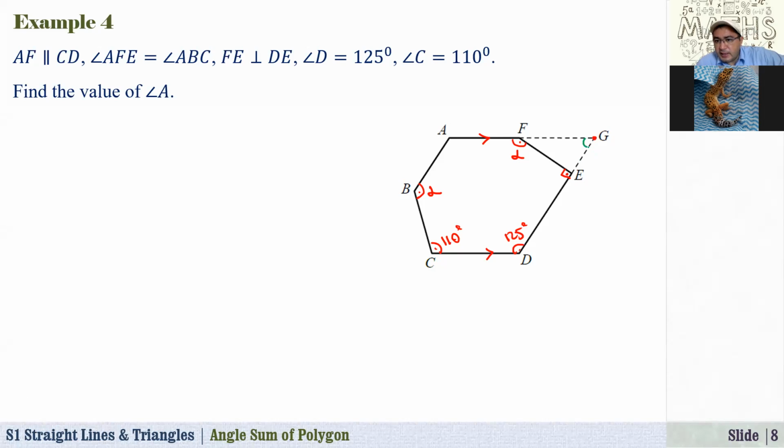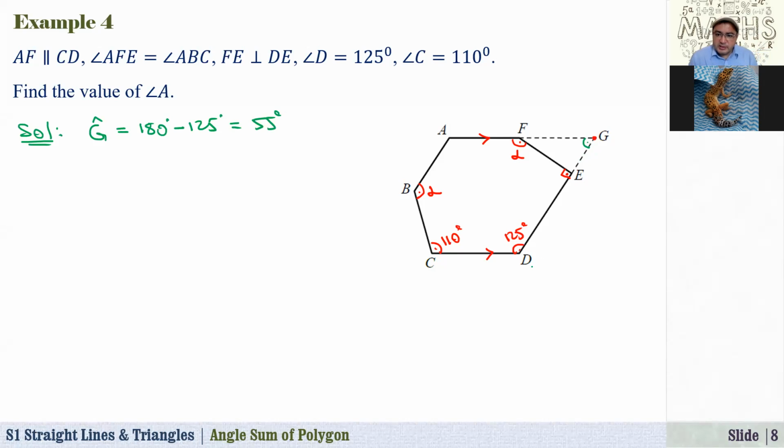So what is this angle? Angle G. So angle G is equal to 180 minus 125, which is equal to 55 degrees.